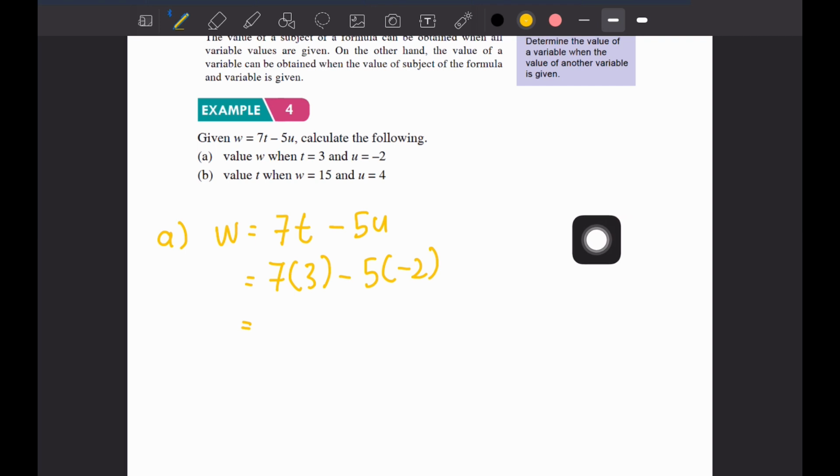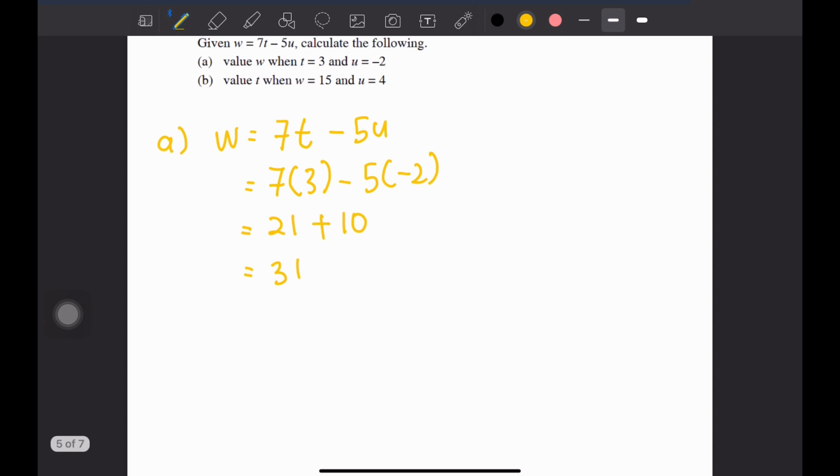Let's solve it without a calculator first. 7 times 3 is 21. Negative 5 times negative 2: negative times negative is positive. 5 times 2 is 10. So your answer is 31.